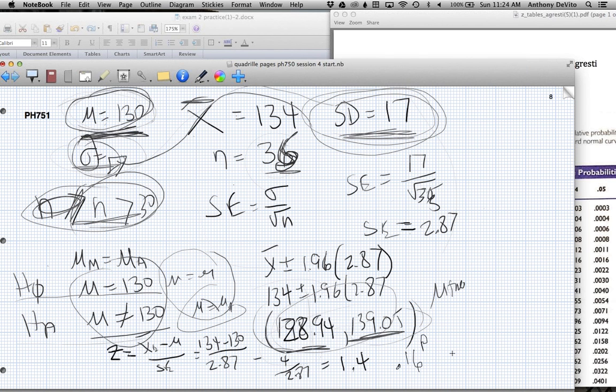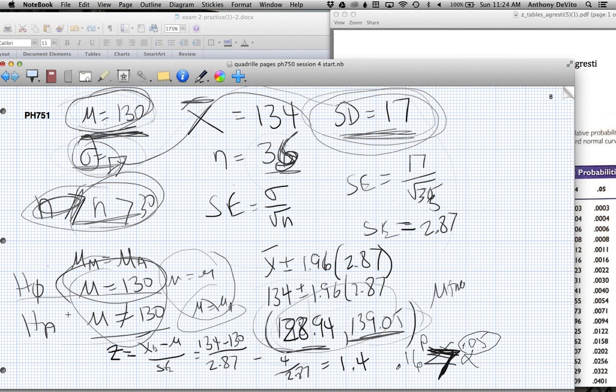That's p. And p is greater than alpha, which is 0.05, your acceptable level of chance of error, of making a type 1 error. So since p is not less than alpha, p is actually greater than alpha, we fail to reject the null hypothesis.